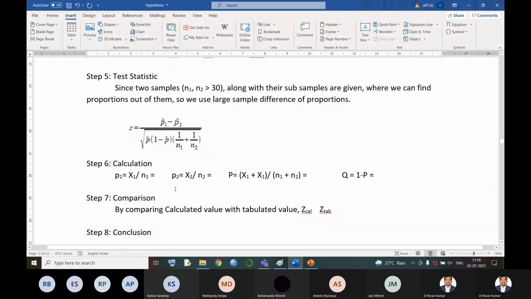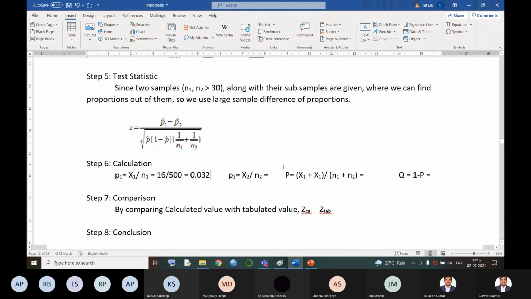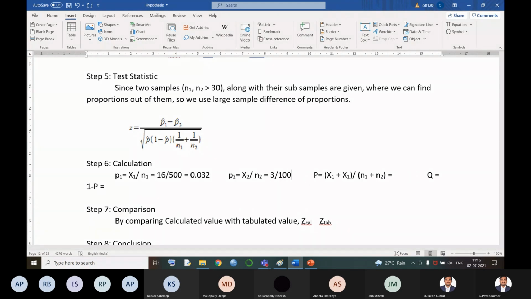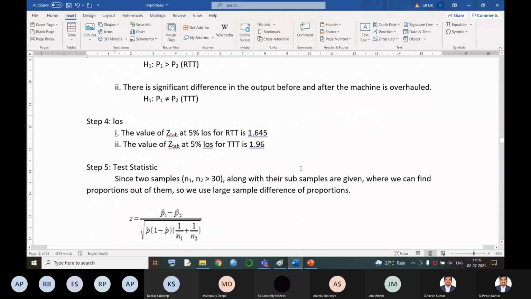So now, what is the value of X1 here? It is 16 divided by 500. 16 divided by 500 gives 0.032. Now, X2 is given as 3 by 100. We have the same values: N1 equal to 500, N2 equal to 100, X1 is 16, X2 is equal to 3.